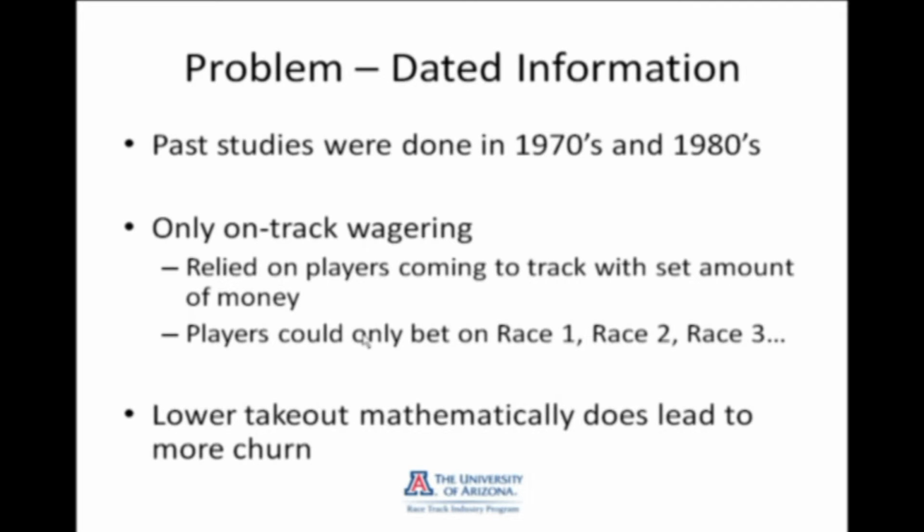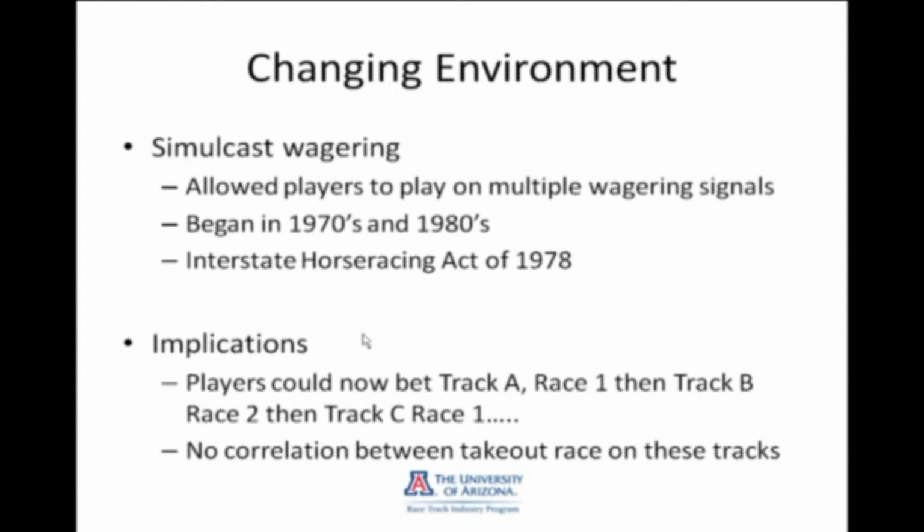That can vary tremendously from bettor to bettor, but a set amount of money is brought to the racetrack, and that money is bet and rebet. The players could only bet at that racetrack: bet race 1, bet race 2, bet race 3, and so on. When you look at a very closed system like this, lowering takeout does mathematically lead to more churn, and it creates more revenue for the horsemen, for the racetracks, for everybody, especially when you process these bets numerous times.